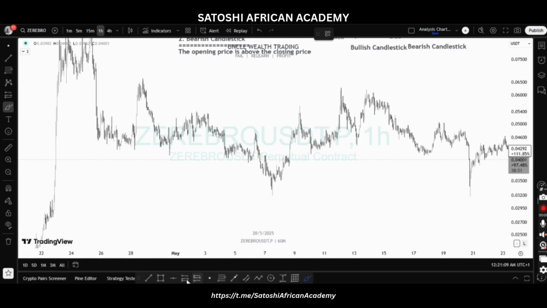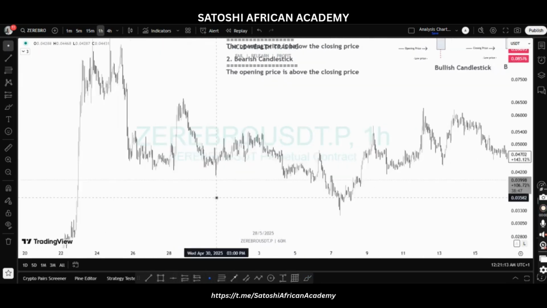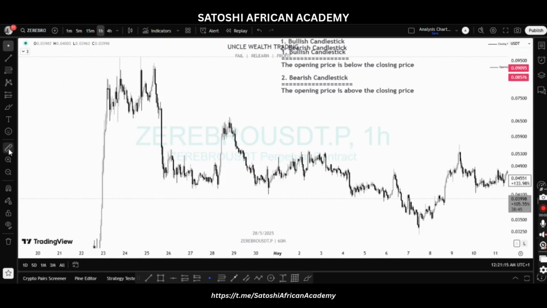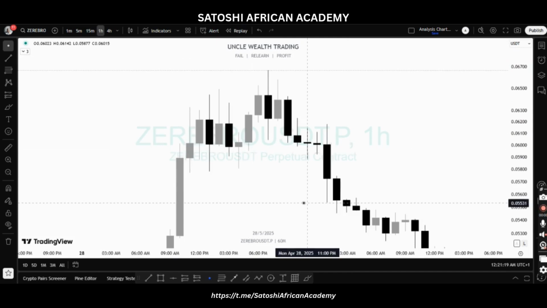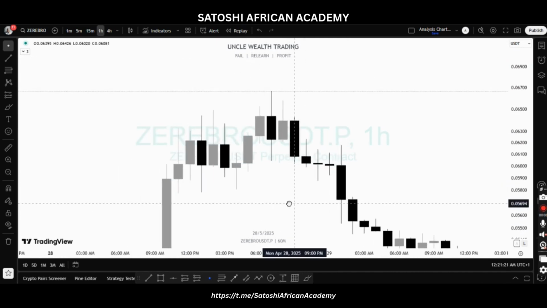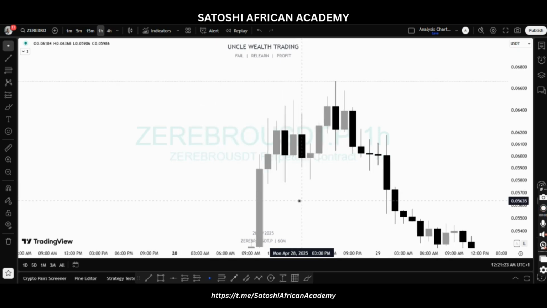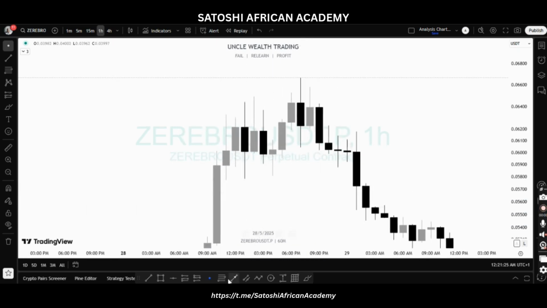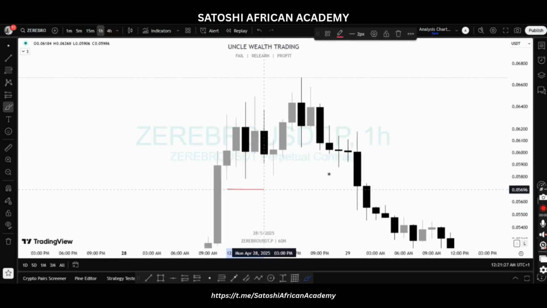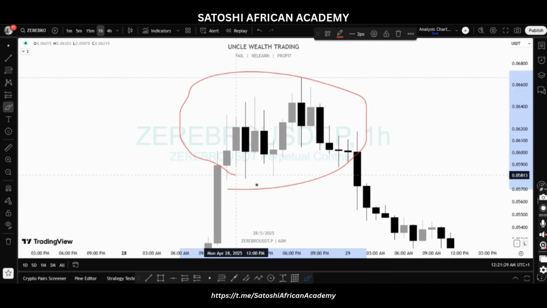So what do we need to see? Let's zoom in. You can see here, this is a perfect example. You can see most of these candles in this region, they have wicks above and below.